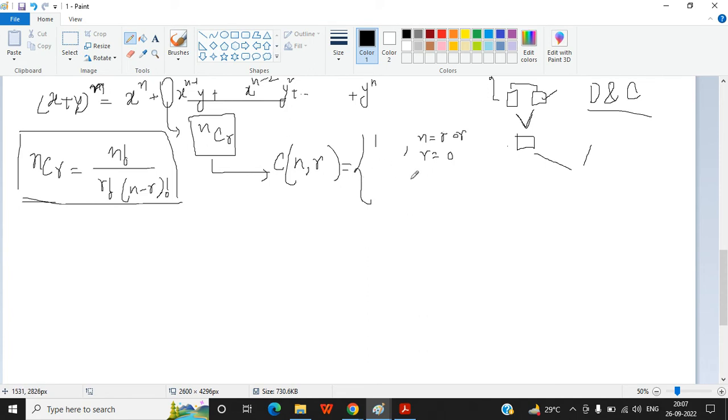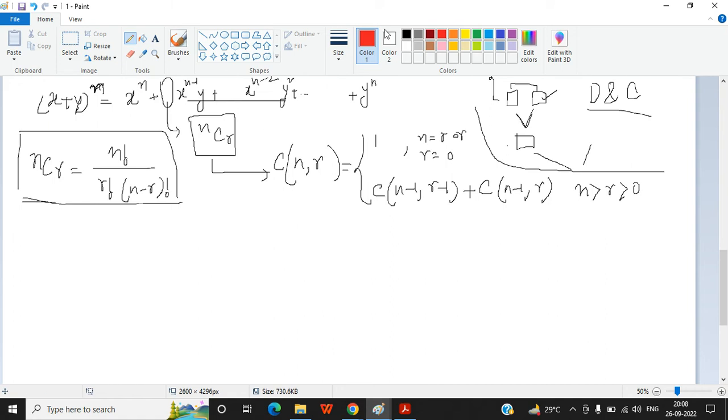Now for all other values of n and r, what will be the value? This can be evaluated as C of n minus 1 comma r minus 1, plus C of n minus 1 comma r, for all values of n greater than r greater than 0, meaning for all other values of n and r.